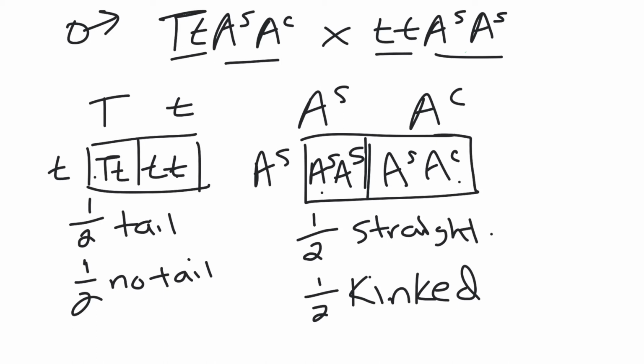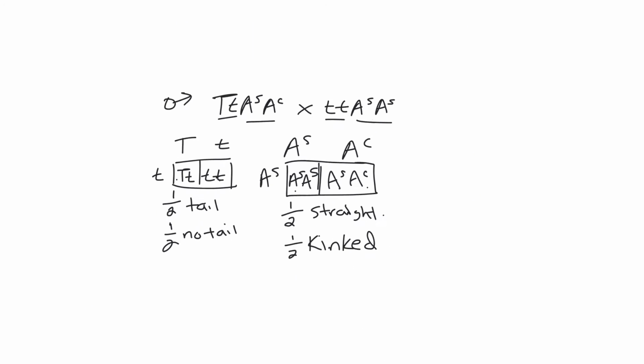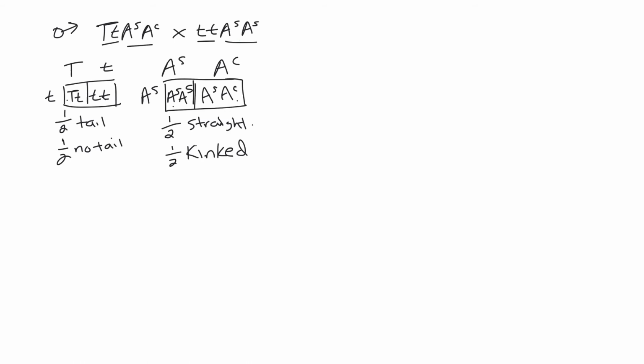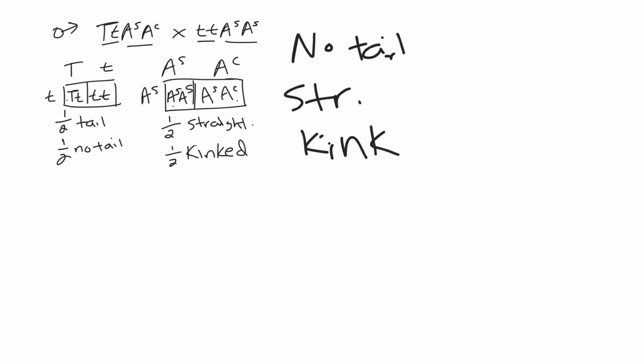Now what I like to do is figure out the genotypes I need for the different phenotypes. One phenotype that looks like a possibility would be having no tail. Another one would be a straight tail. Another one is a kink tail. I'm not going to bother doing curly because we know we can't get that because we don't have the A's.